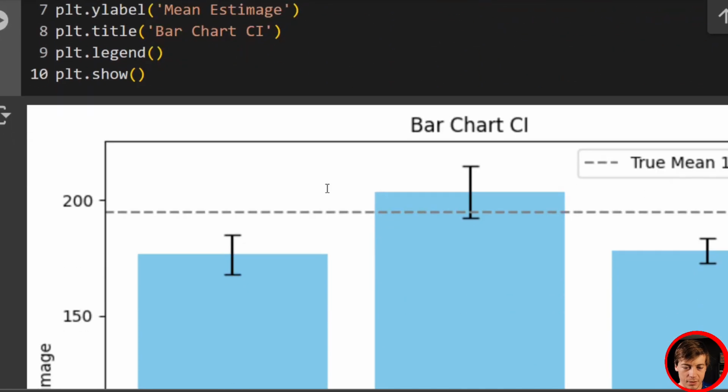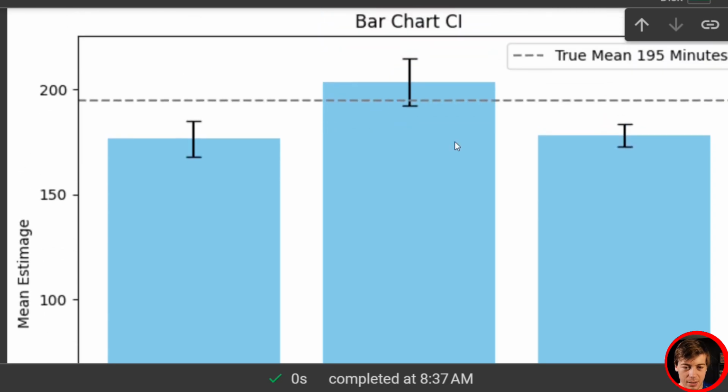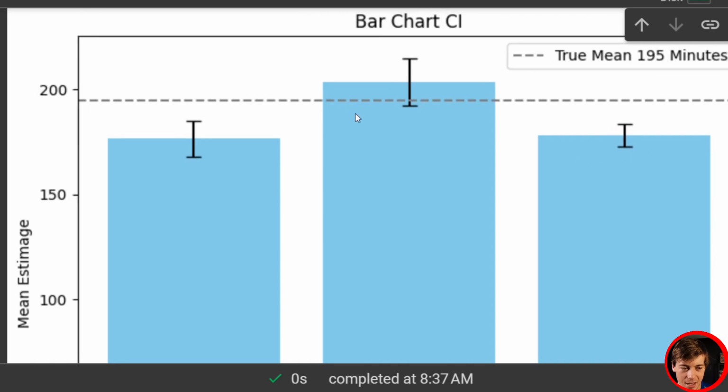Boom. We have our mean estimate for each of these 3 different samples that we grabbed, those groups, confidence interval, and what the true mean is, 195 minutes.